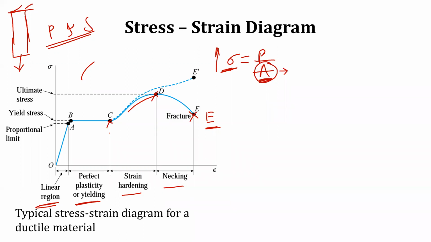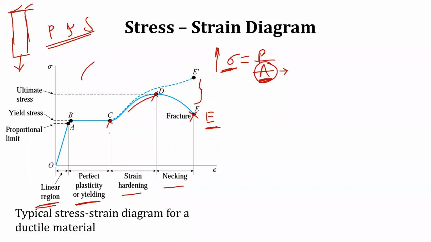Now here, for this dotted curve up to point C or up to a certain portion, there will not be any difference between the solid and dotted line. But after a certain point, you will see the difference between the solid and dotted line.